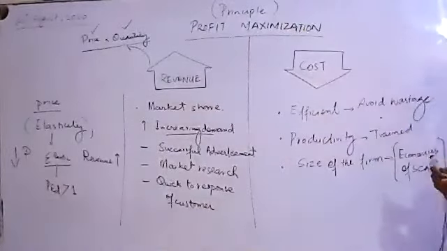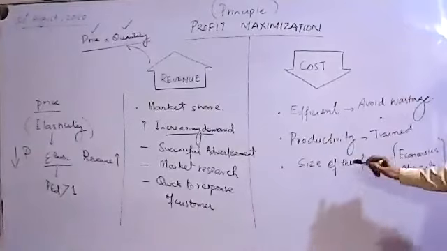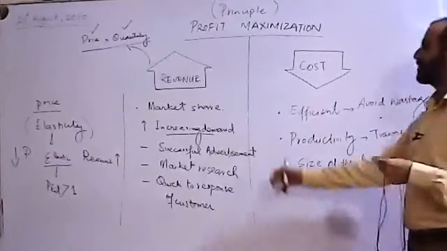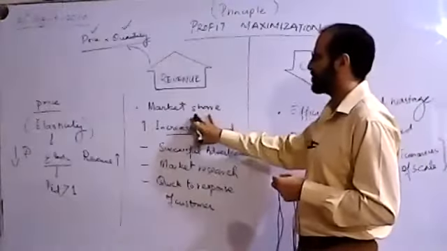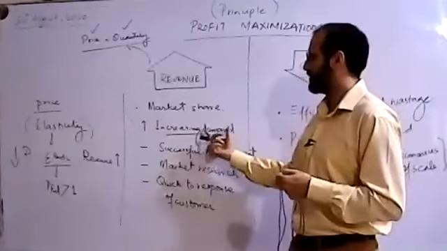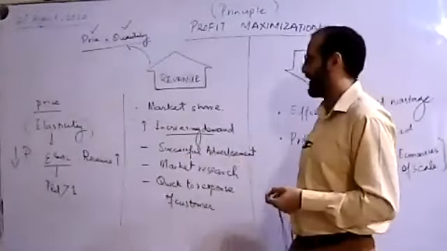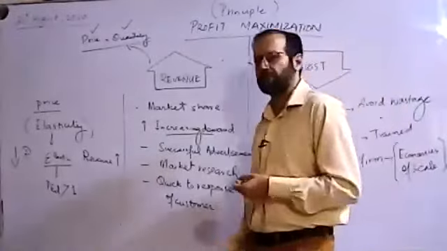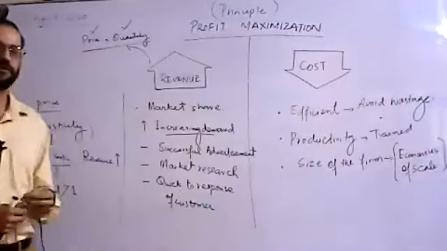The cost decreases through efficiency, productivity and an increase in the size of the firm. The revenues can increase by increasing the market share, finding more output, and increasing the demand for your product by using successful advertisement, doing market research, or showing a quick response to the choices and changes in consumer demand.